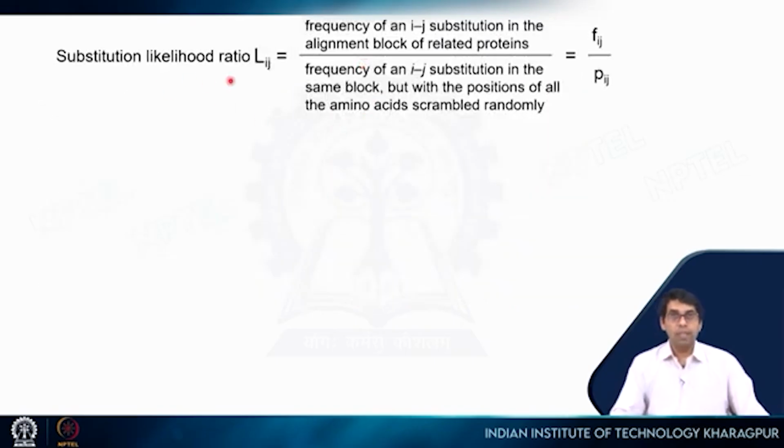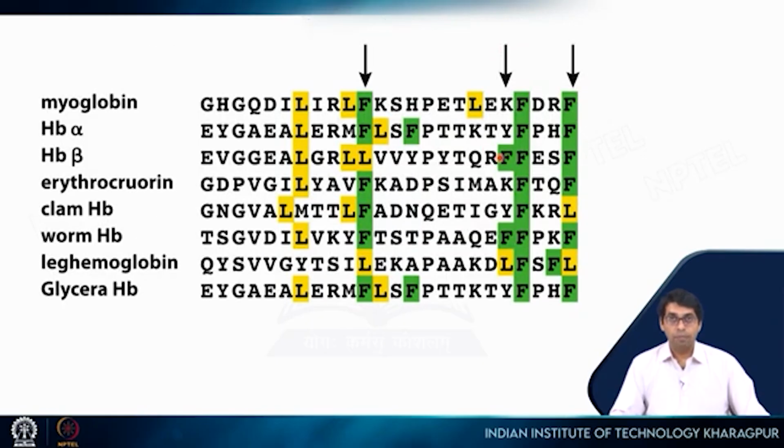So, the substitution likelihood ratio, where i and j are the 2 amino acids, will be phenylalanine and leucine. It is given as the ratio of the frequency of an ij substitution, so substituting L with F or F with L, in the alignment block of related proteins. So, this is my alignment block.